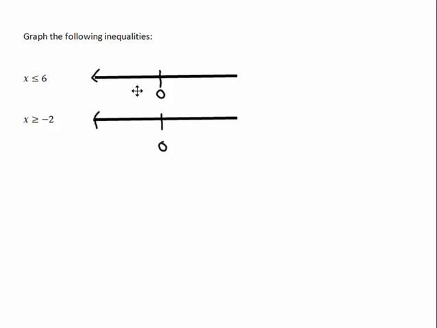So let's do -2 right here. There's -2 and -2 here. Somewhere over here we have a 6.